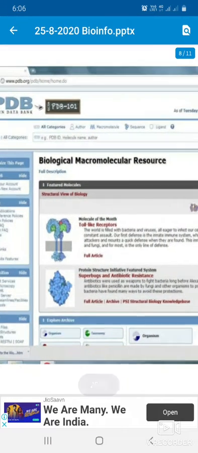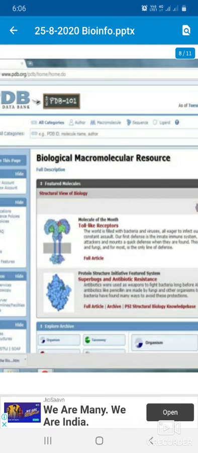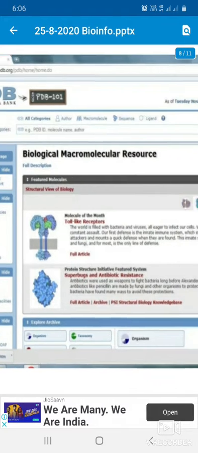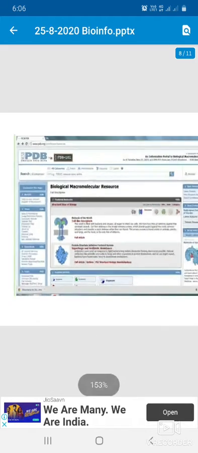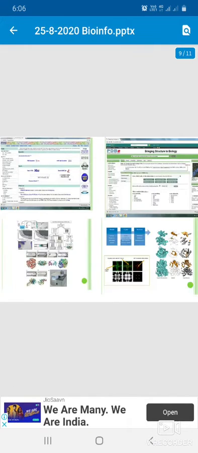This is a valuable resource for macromolecular structures and 3D structures, and searching and retrieving the reference for every database entry is stored on the website. It's 100% offline work.